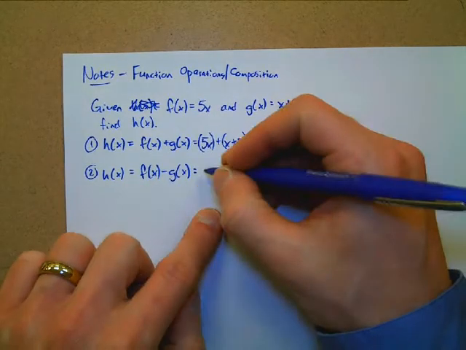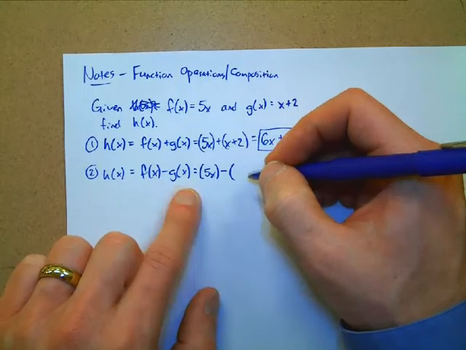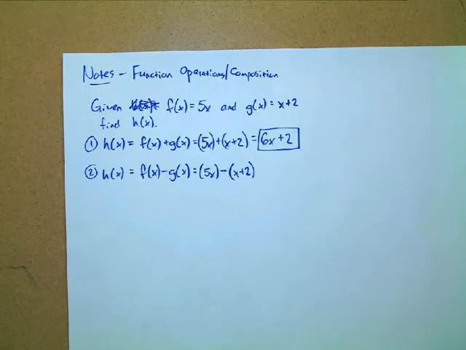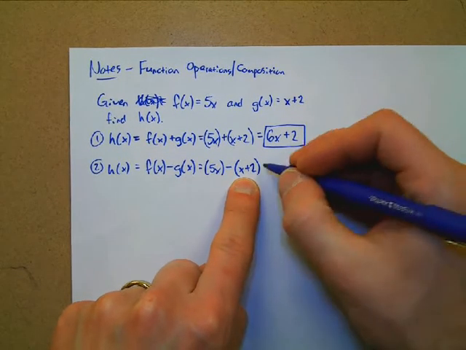And then minus, again, g of x, which is, again, x plus 2. Now, here, parentheses are kind of important, right? Because what does that minus in front of the parentheses have to do? We got to distribute that minus sign to each term here. So it's 5x minus x minus 2.